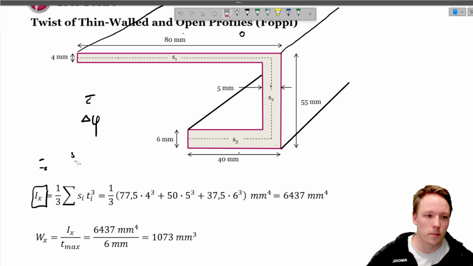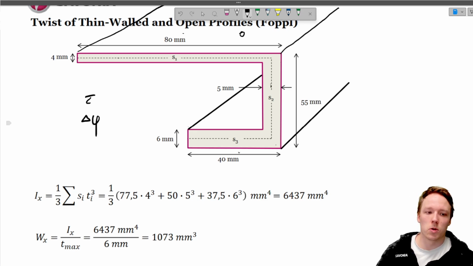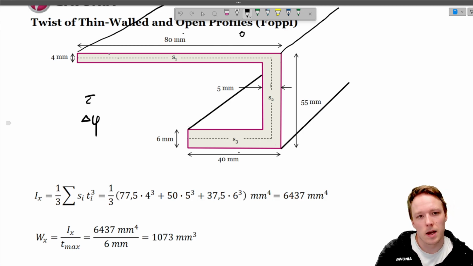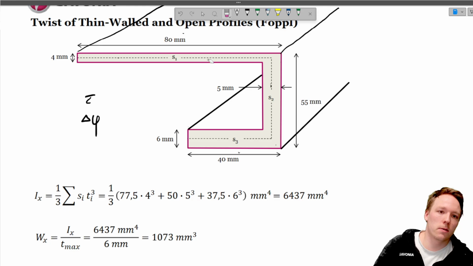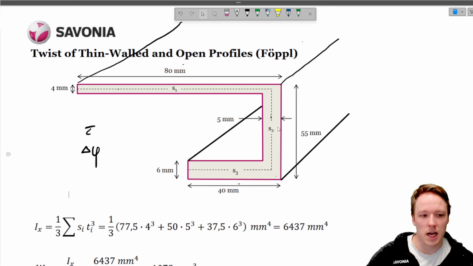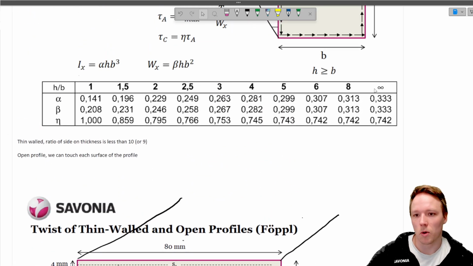Basically in the equation for second moment of inertia in thin-walled open profiles, the 1/3 is the alpha, since the ratio of thickness and the width of each of these imaginary rectangles is more than 10.